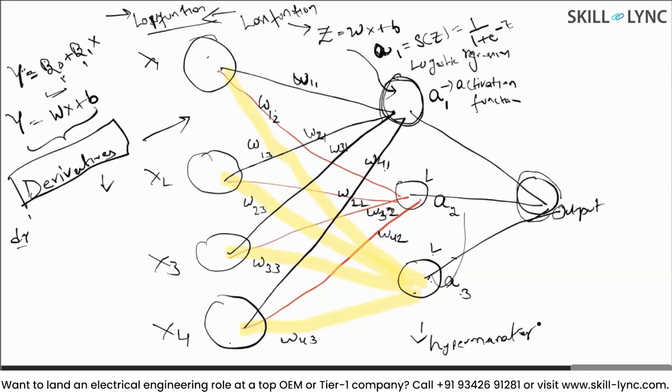Do you remember what a hyperparameter is? For random forest, what was the hyperparameter, guys? By changing the parameter, your accuracy also changes, right? So number of trees. Similarly, what was the hyperparameter for linear regression? Learning rate, exactly.